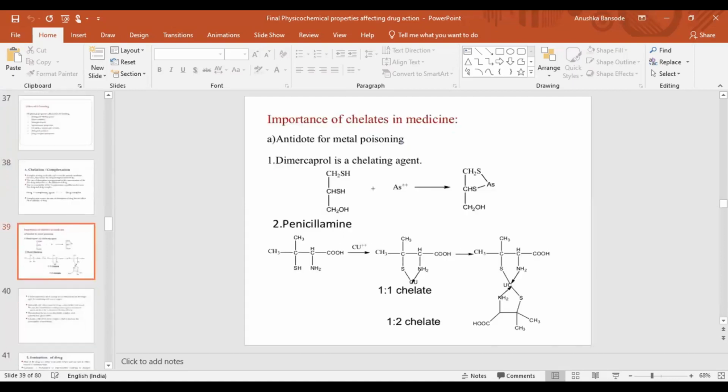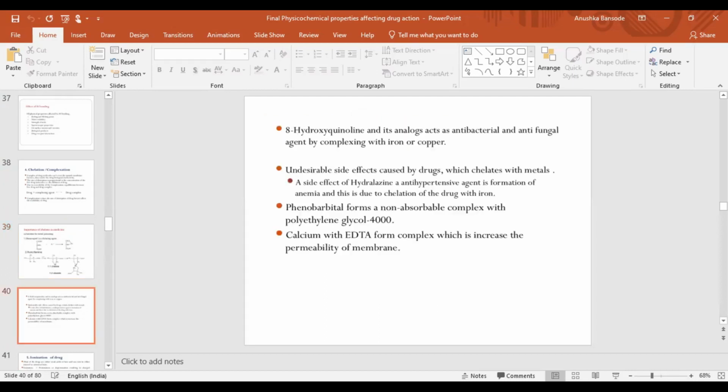Now, complex formation is used in medicine, basically in the antidotes for metal poisoning, wherein dimercaprol and the chelating agent penicillamine, which is a chelate of 1:2 ratio, are used. The next example is 3-hydroxyquinolone and its analogs, which act as antibacterial and antifungal agents by complexing with iron or copper.